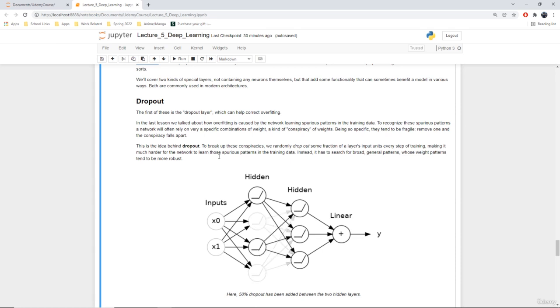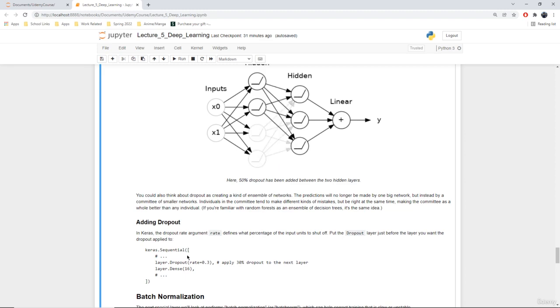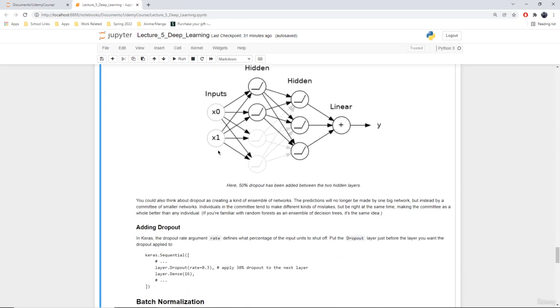So we want to avoid overfitting, and we can add a dropout layer. What a dropout layer does is drop out some fraction of the layer's inputs at every step of training. In this case, we have a dropout layer added between the two hidden layers, which drops 50% of the input in this step of training. This decreases the probability that our neural network is going to learn spurious patterns and overfit to the data set.